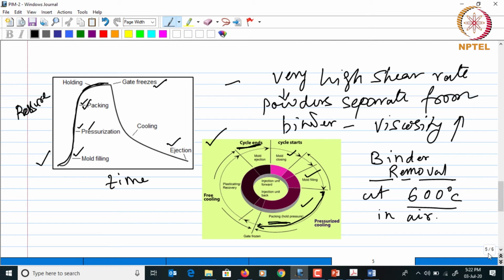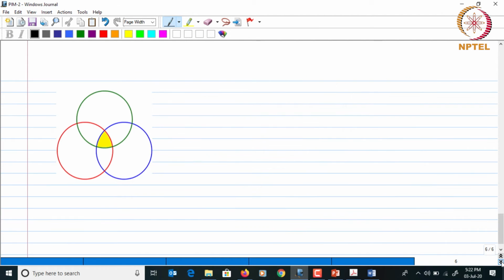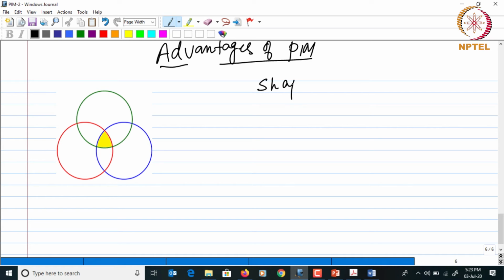Now, if you talk about the advantages of this process, these are the three main considerations: the complexity of the shape, the cost, and performance.